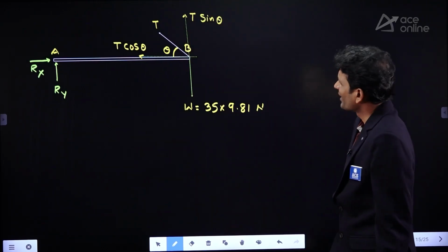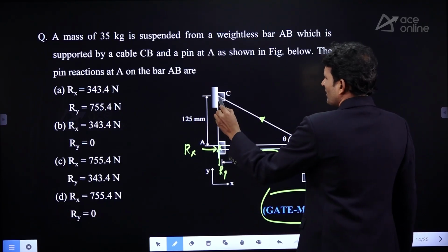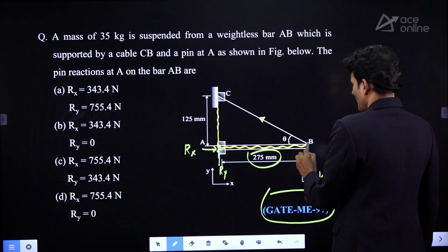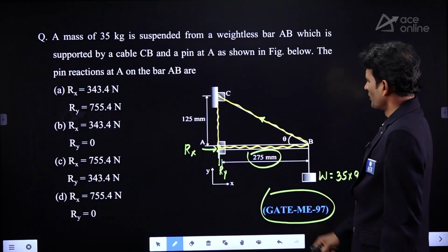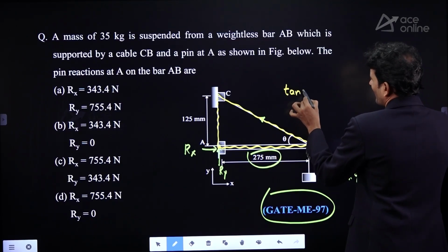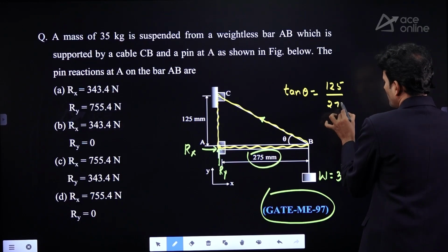So, how should I get theta value? Now, look at this one. Consider this is a right angle triangle, simple geometry. Use this concept from the right angle triangle, tan theta equal to 125 divided by 275.